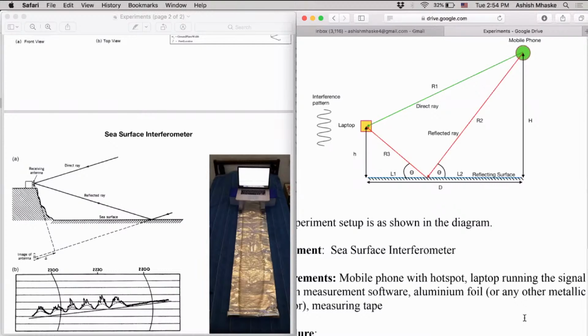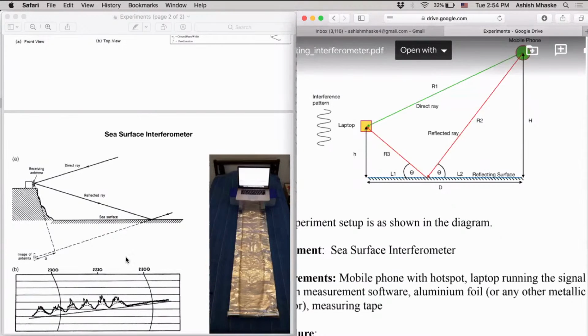Then you can work out the path differences and see how the height changes that. That point is illustrated in this image on the left-hand side, where you have the image of this receiving antenna, and that becomes the baseline, and that determines the interference fringe width.